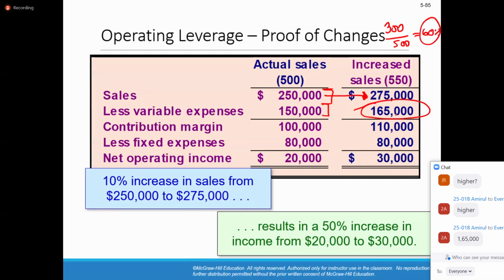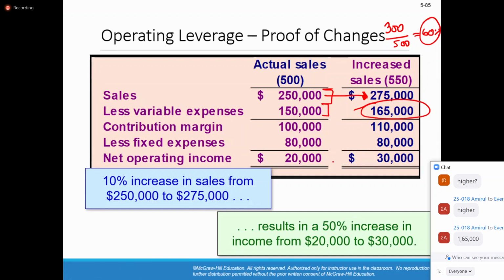Now you see the fixed expense is the same because we are assuming that 275,000 sales is within the range of 80,000 fixed expenses. So there is no change. But you see our profit has gone up by 10,000, which is 30,000.